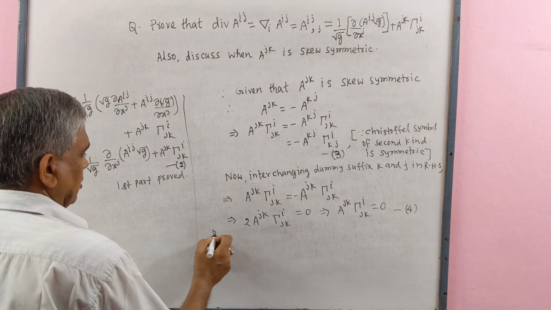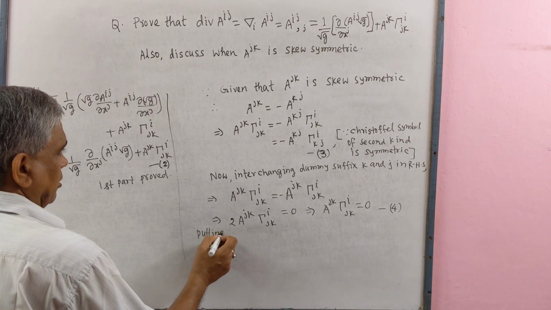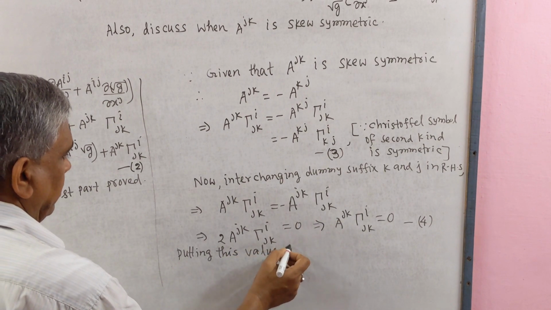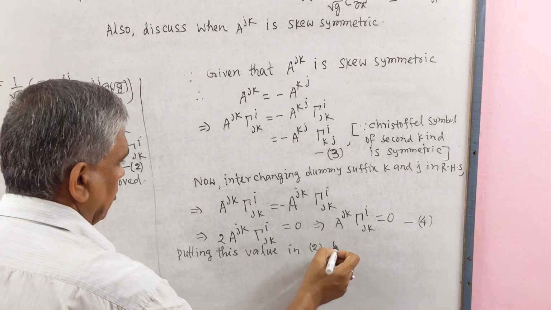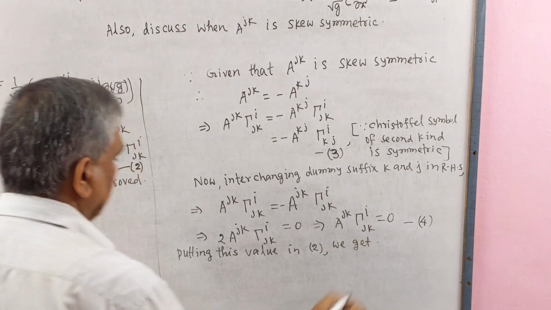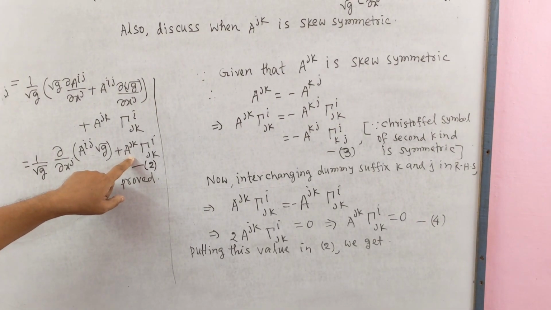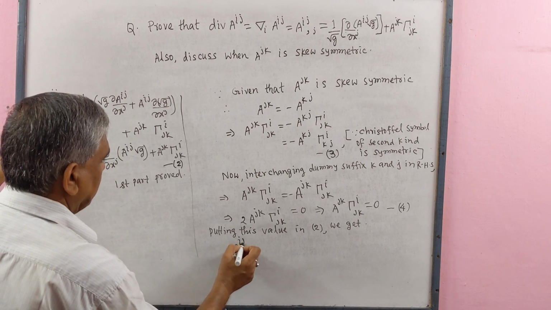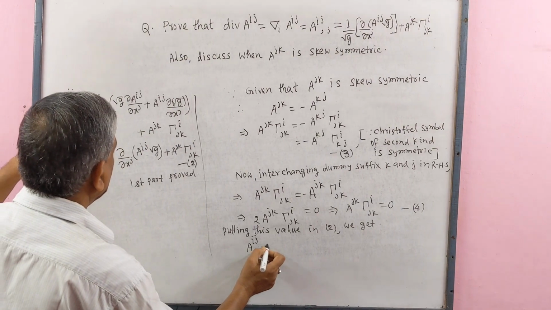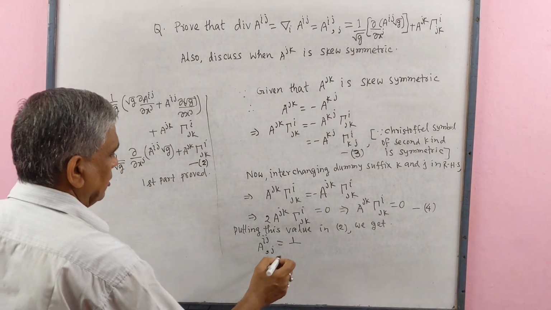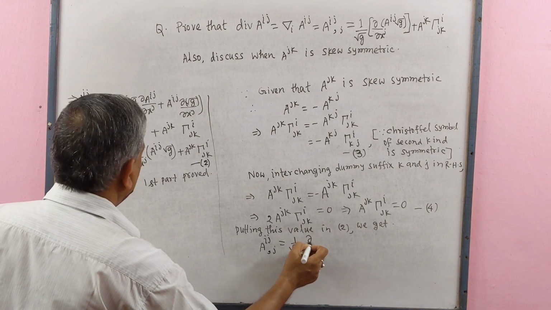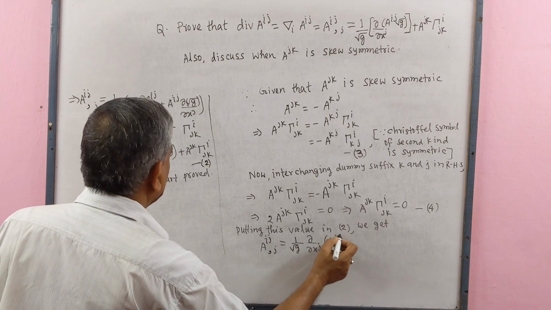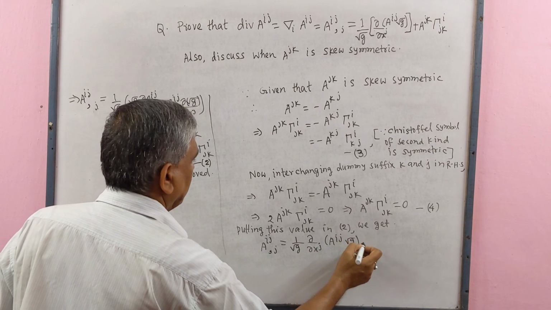Putting this value in 2, we get, here this part is 0, so A^ij comma j equals 1 by square root g del by del x^j of A^ij square root g plus 0.